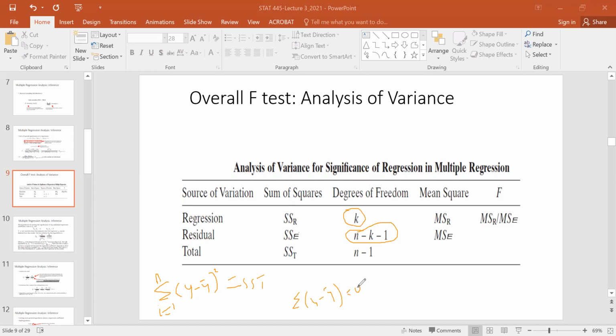So once you are looking for your SST, there is only one restriction you keep in mind. Because of that, this cannot have n degrees of freedom. Because there's one restriction it must obey all the time, it loses 1 degree of freedom. That is why it becomes n minus 1.